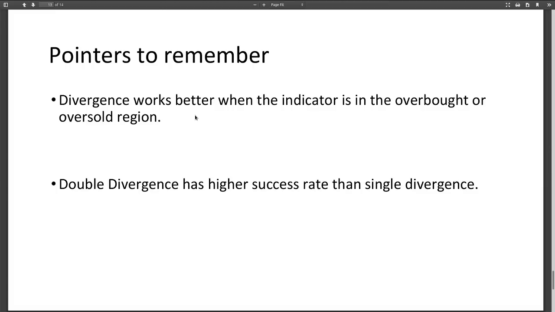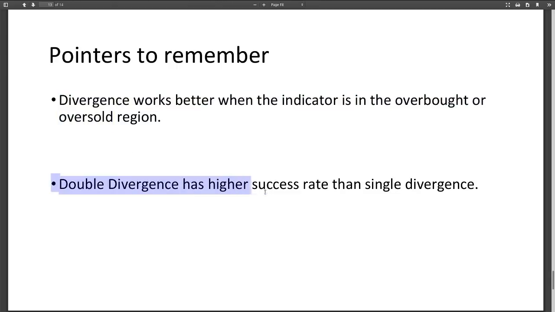At that point of time, if it is indicating a bearish trend, then it works much better than when it is in a non-overbought or oversold region. So this is something which you can keep in mind when you are identifying divergence.